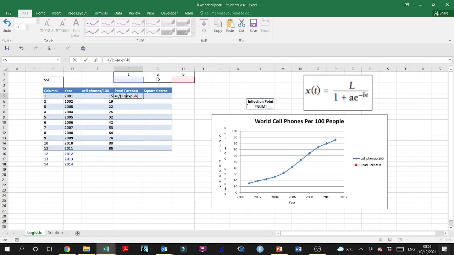There is A here. A times exponent of minus B times T. So L over 1 plus, in between the brackets, A times exp of minus B times T. And T here is not this year, it is the period here, year 1.